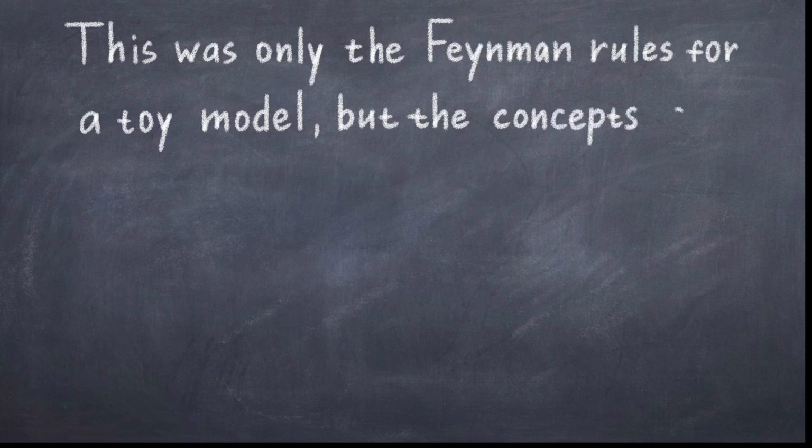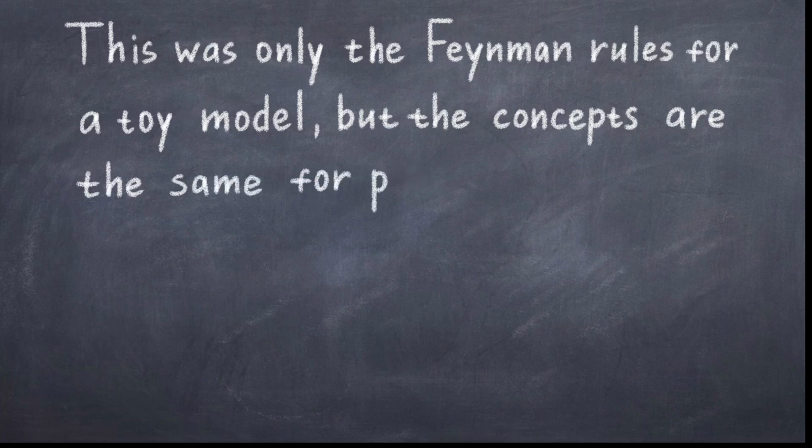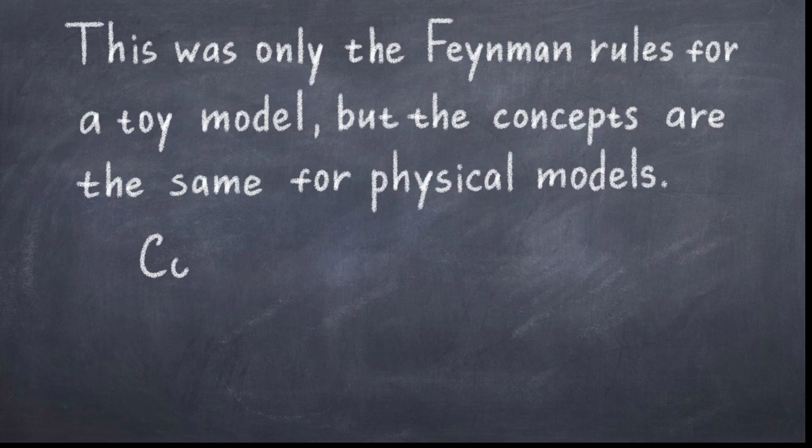Of course, we only looked at a scalar toy model, but the concepts are completely the same for any other model. The main difference is the math. We will look more into Feynman diagrams when we will apply them to real theories to discuss particle physics. And we will also need them in our discussion of fundamental forces and all the different processes in the standard model.